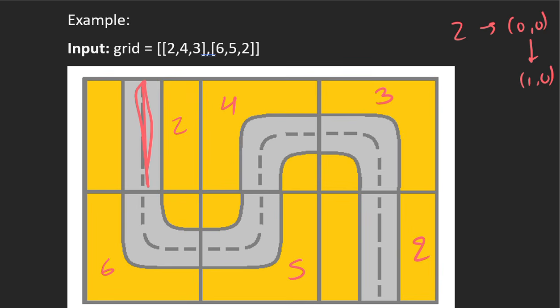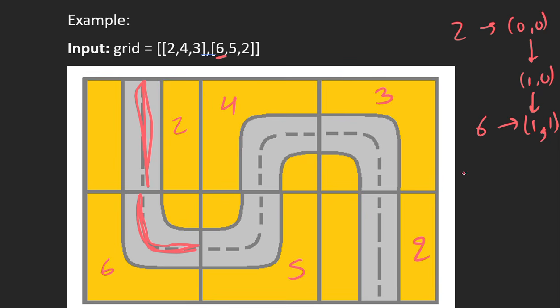Then the next cell has 6. 6 connects the upper cell to the right cell. So we are at 1 comma 0, and it will connect to the right cell, so we will go to 1 comma 1.